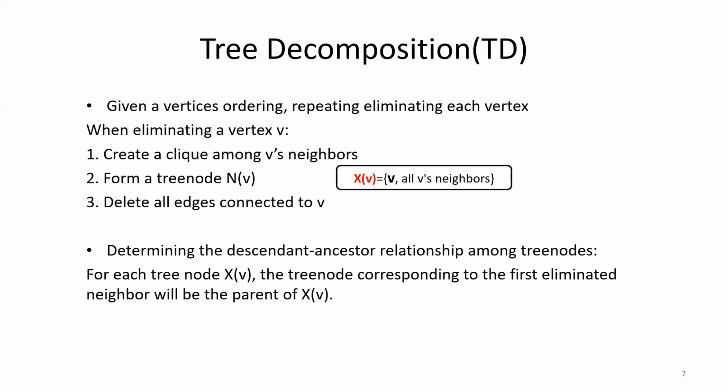Then we delete all edges connected to V. After the vertex elimination is done, we should determine the descendant and ancestor relationship among tree nodes.